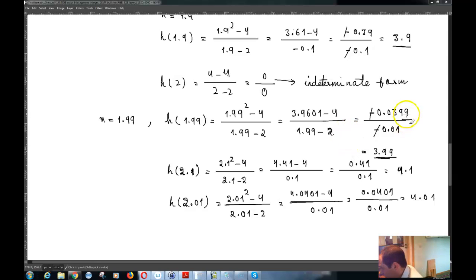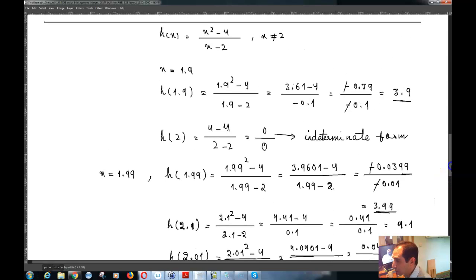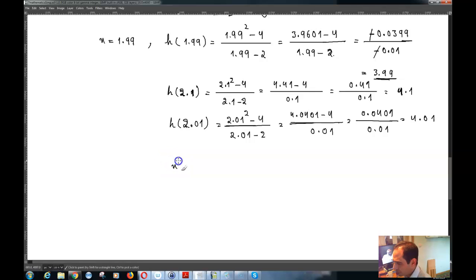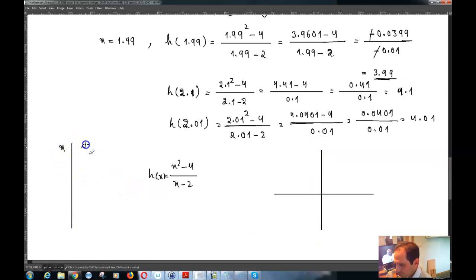And if you take a look at the graph of the function, x squared minus 4 over x minus 2, if this is the value of h of x, then at x equal to 0 you're at negative 4 over negative 2, which is basically 2.